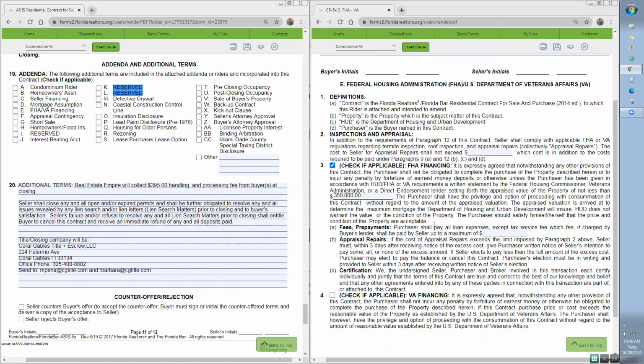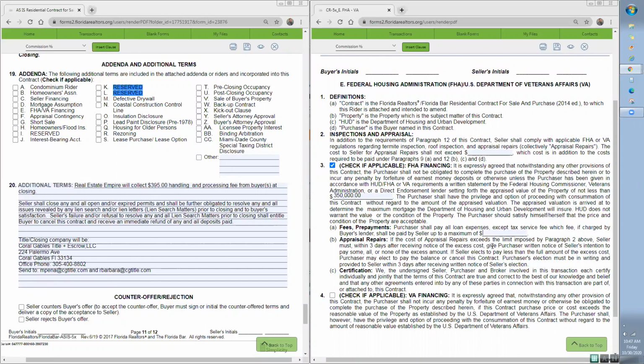That means what you're telling the seller here is, hey, because this is an FHA loan, they will be doing an appraisal. And if the appraisal does not come in at $350,000, they will automatically deny the FHA loan, and the buyer is able to get out of the contract. So it actually acts as an appraisal contingency, okay? But it's based off the FHA loan, okay?